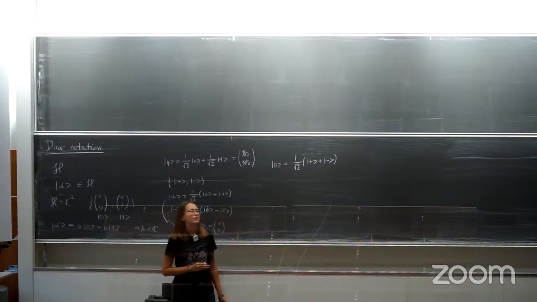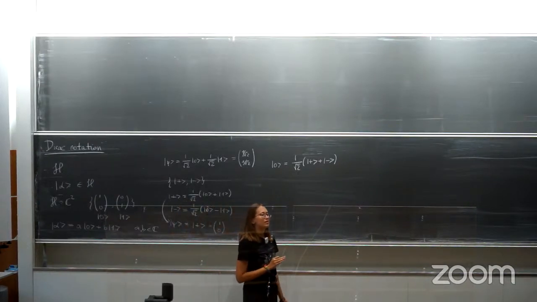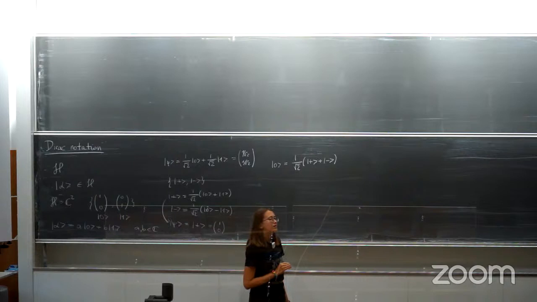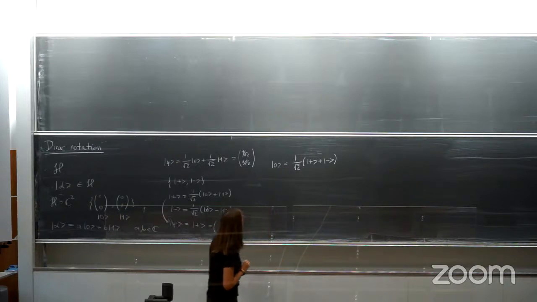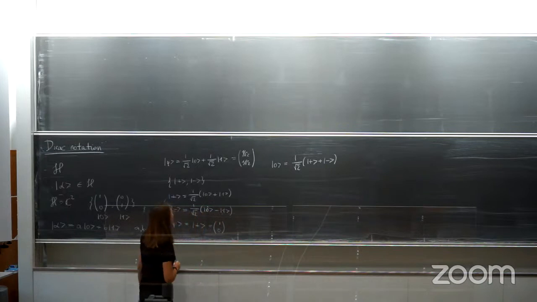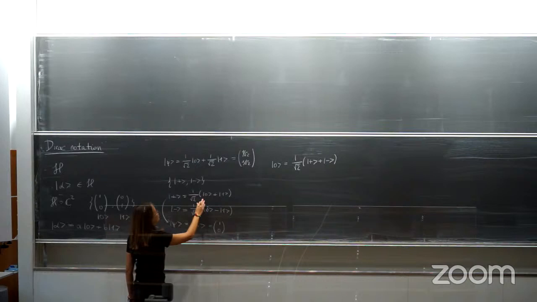Is it wrong to think about it as plugging in the 0 state into the formulas for plus and minus there? Oh, yes, you can take this representation and plug it in here. So I don't quite understand the question.